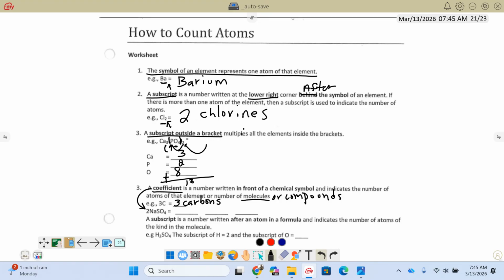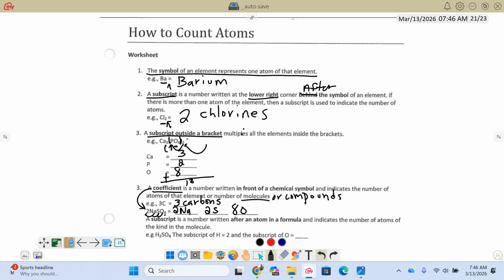If we're going to figure out how many of each of those elements, I see we have sodium, sulfur, and oxygen. Our coefficient distributes to each one of those elements. So 2 times sodium would be 2 sodium atoms. 2 times sulfur would be 2 sulfur atoms. And because oxygen is already 4, that would give us 8 oxygen atoms.